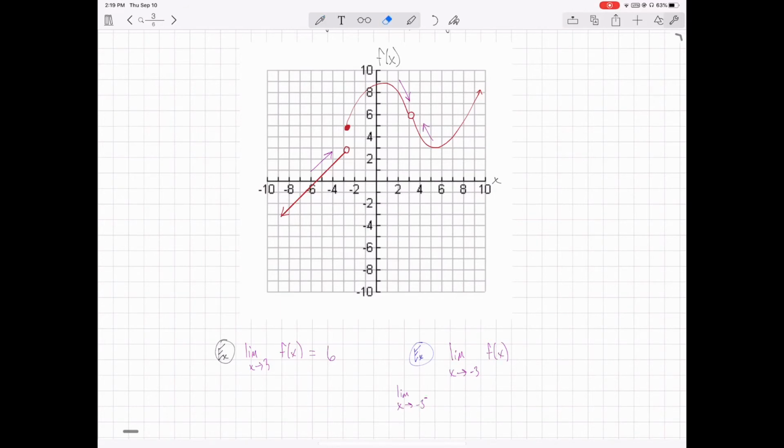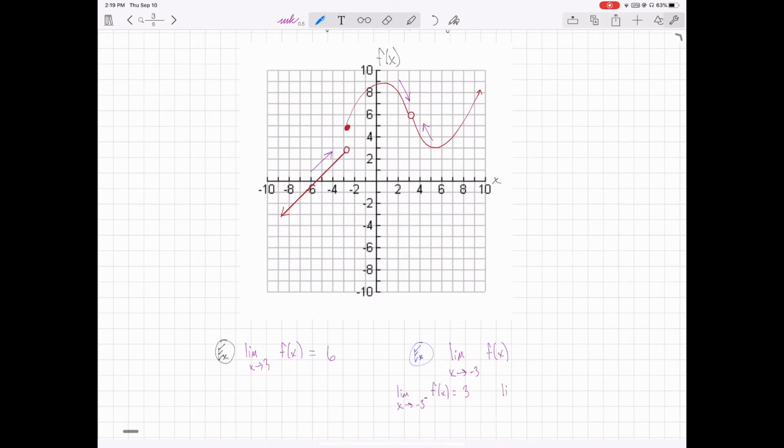So this little negative sign I drew there, that's saying coming from the negative side. So this is the left-hand limit value of f of x, well, that is heading towards the y value of 3.